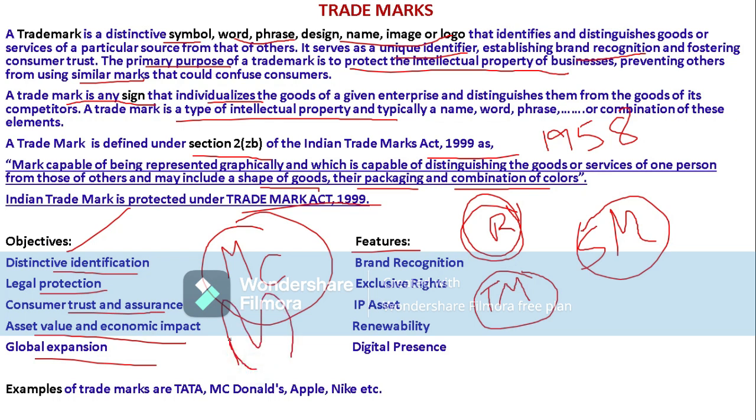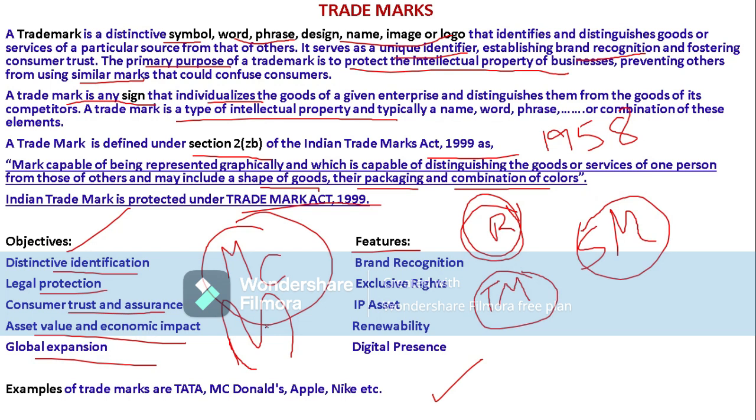Likewise, for Nike we will see the shoe swoosh symbol. Likewise, for Apple computers, a bitten apple can be seen. So through all these we can identify a mark, identify those products, and this enhances brand recognition.